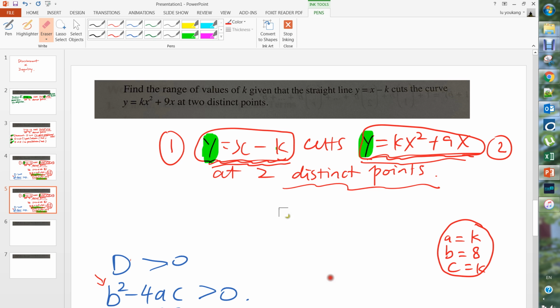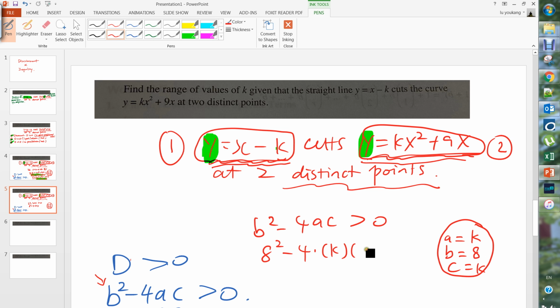Okay, good. So now what I need to do is input my a, b, c into this inequality. So my b is equal to 8, and then my a is k, and then my c is k as well. And then what do I get? So 8 squared minus 4k squared, right?